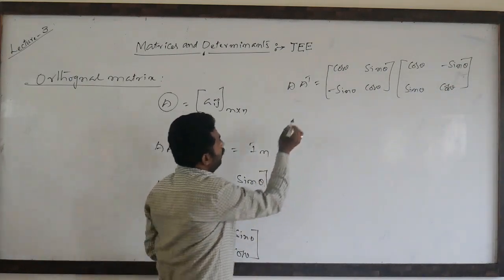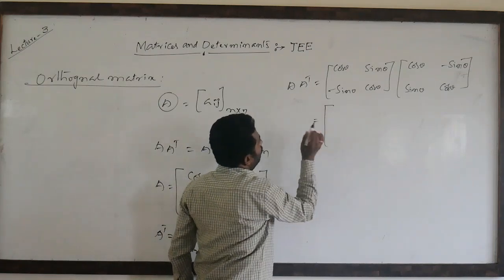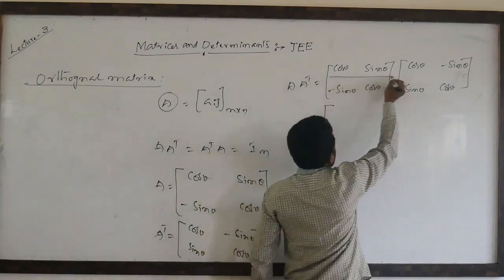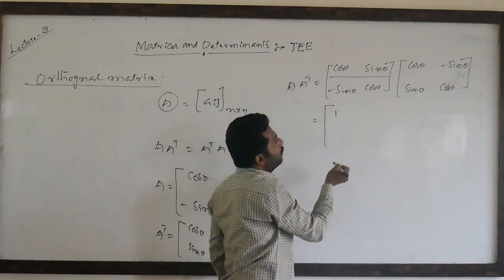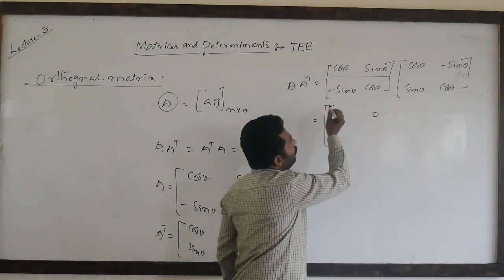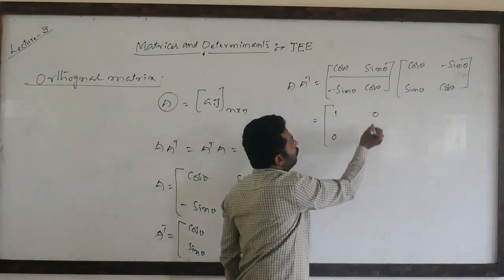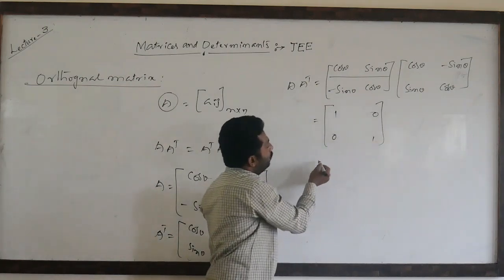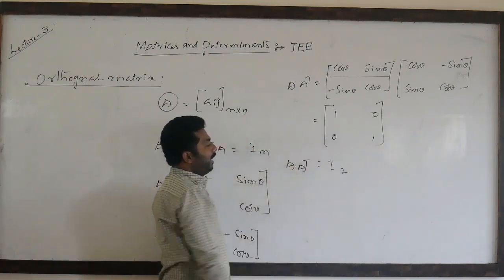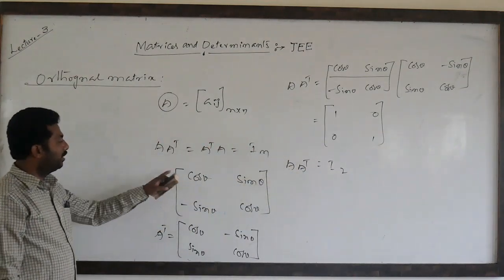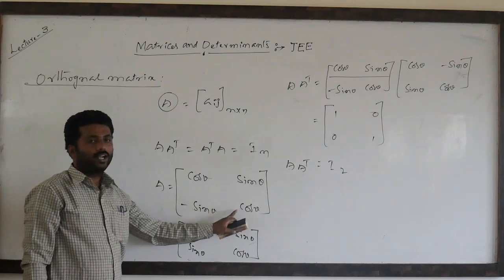See here, first row, first column, if you multiply you get cos square theta plus sin square theta, which is 1. This is 0. Second row, first column is 0. Second row, second column is 1. So this is I2, the identity matrix of second order, because we are taking a second order matrix.